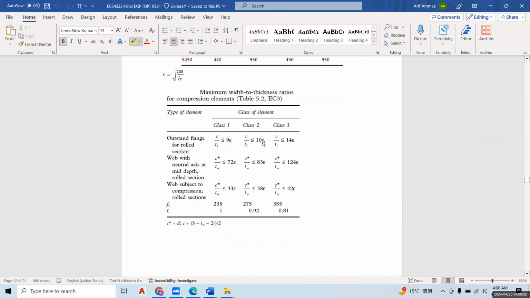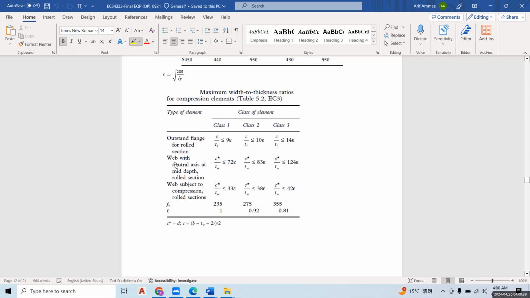But if your value is exceeding 9ε but less than 10ε, your section is class 2. But if your value is greater than 10ε but less than 14ε, then your section is class 3. And if your value is greater than 14ε, then your section is class 4. So in Eurocode there are only 4 section classifications. This is for the flange.